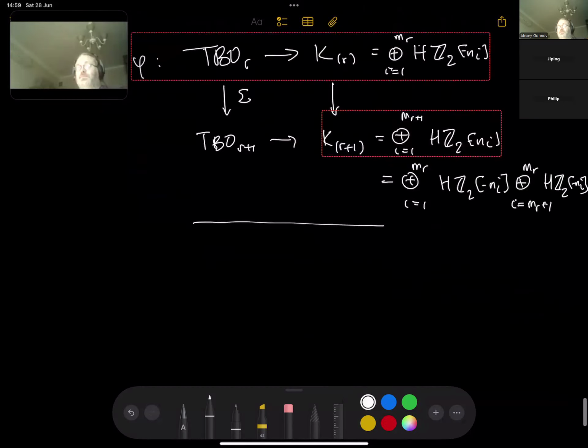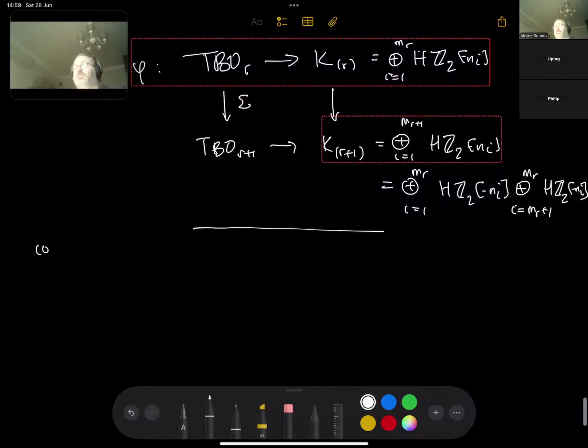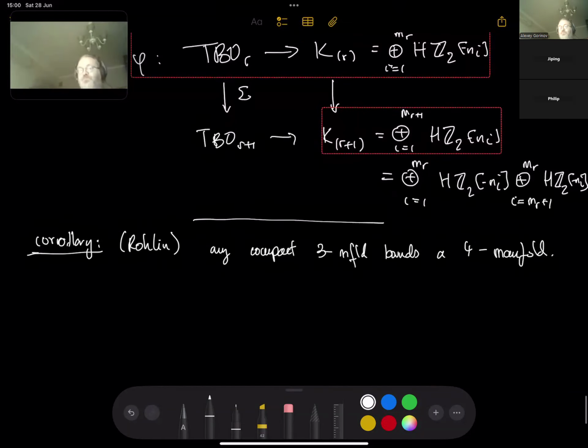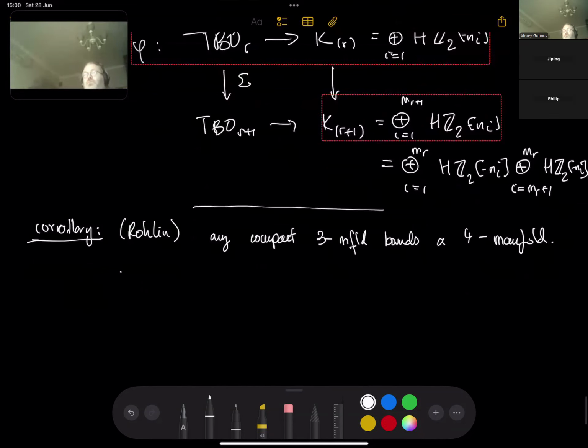So as an immediate corollary, you get a theorem of Rokhlin, which basically says that any compact three-manifold bounds a four-manifold. To do this, we first apply the Pontryagin-Thom theorem.